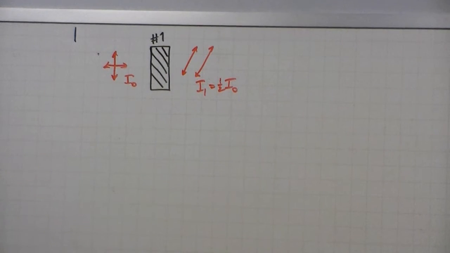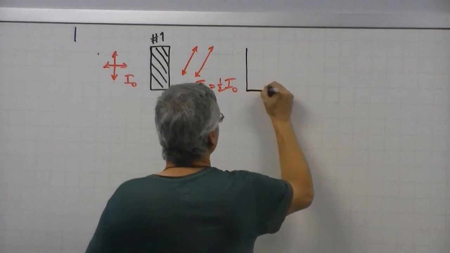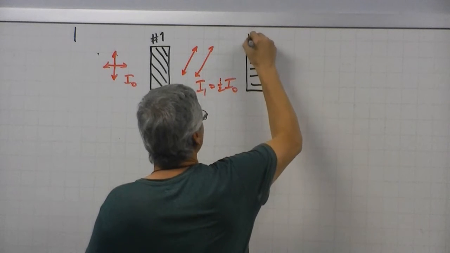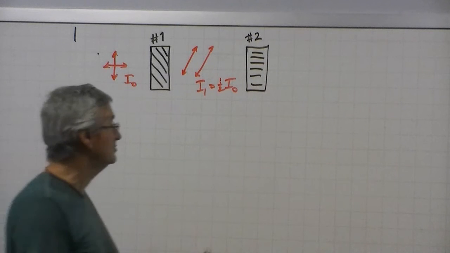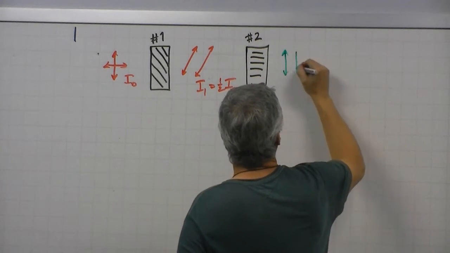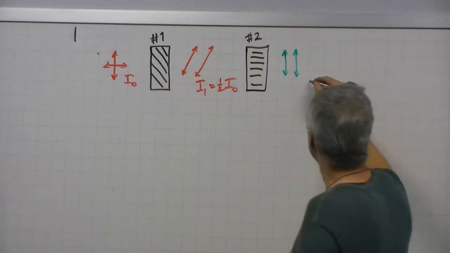And then I had a second polarizer that looks like this. And this is polarizer number 2. Only the perpendicular component gets through. And then this guy is this one here. And what we expected here, that the intensity at 2 to be smaller here.